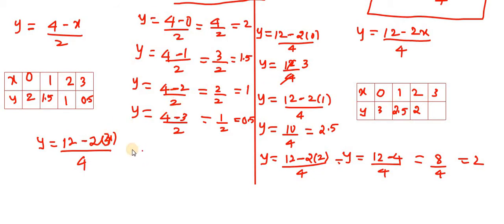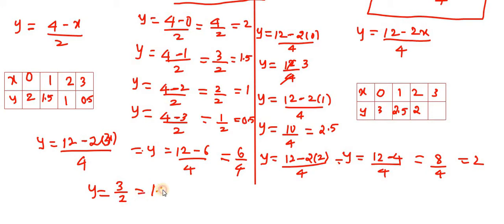So y is equal to (12 minus 3 twos are 6) divided by 4, which is 6 by 4. If we cancel, we'll get 3 by 2, which is equal to 1.5. This is the table.